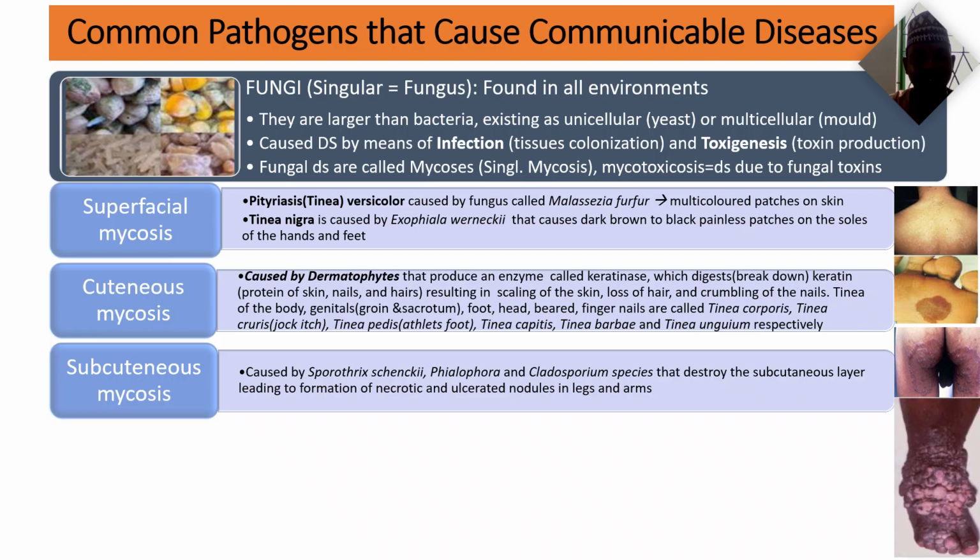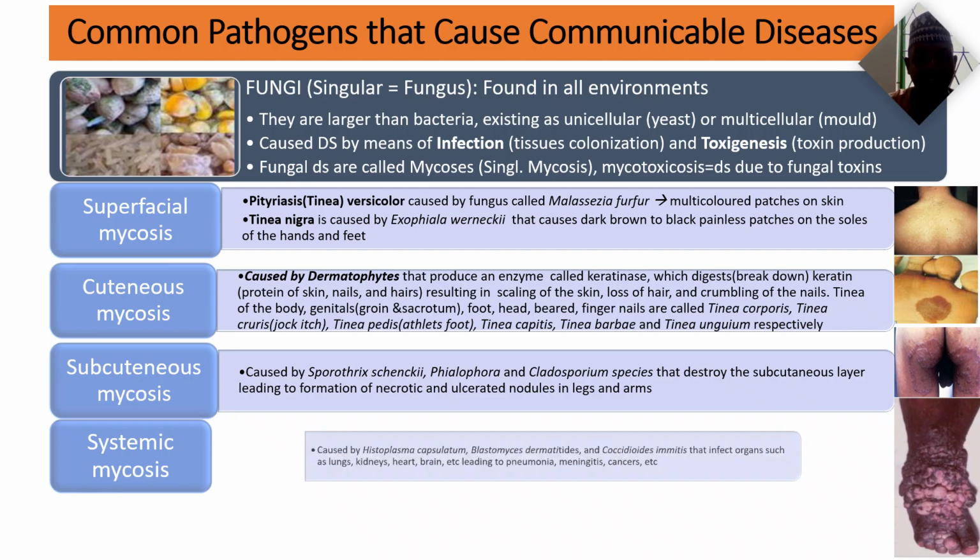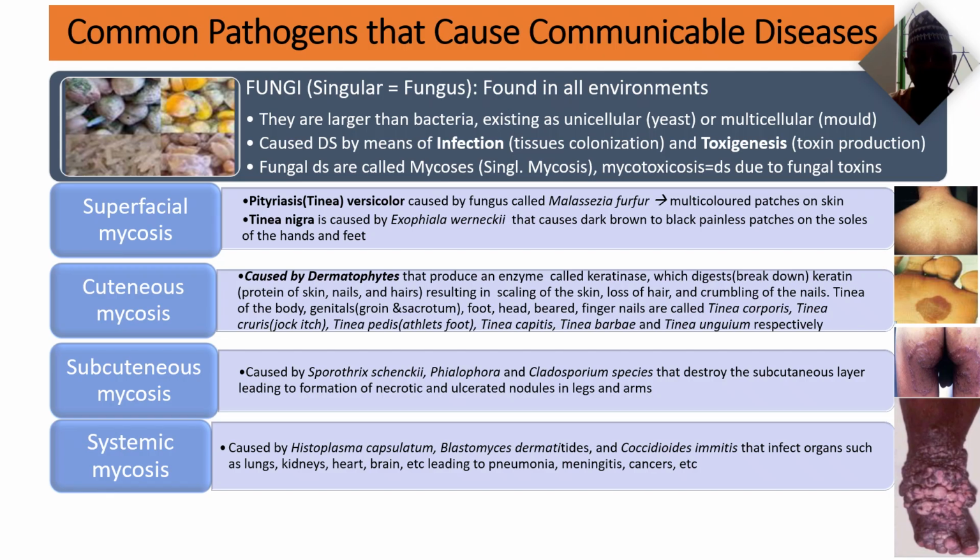Now, the next type of fungal infection is a fungal infection that occurs within the body organs, within the body system, and therefore it is called systemic mycosis. This fungal infection is commonly caused by fungi such as Histoplasma capsulatum, Blastomyces dermatitidis, and Coccidioides immitis.